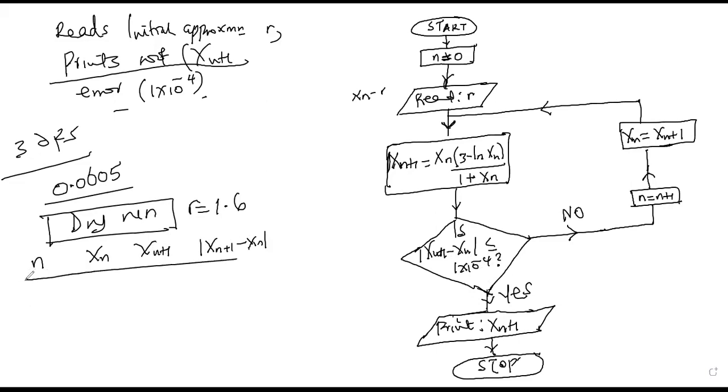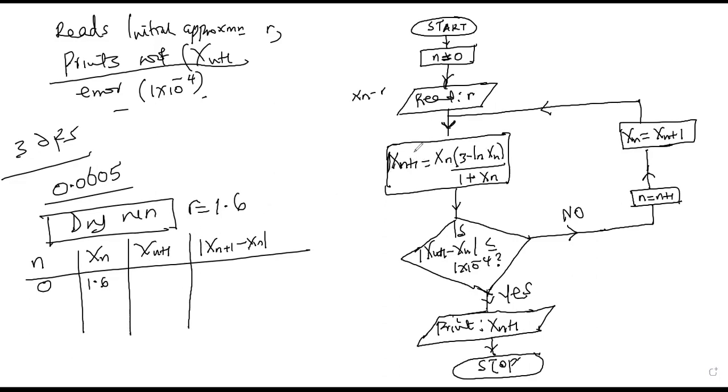We want to see if it is less or equal to this error, and then we shall get our final answer. So when the number of iterations were 0, when we had not done anything, the value of xn, or the initial approximation, was 1.6. After getting the initial approximation, you substitute it in the formula of xn plus 1, which is this, and you get the value.